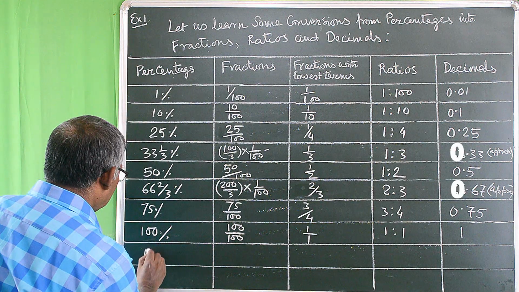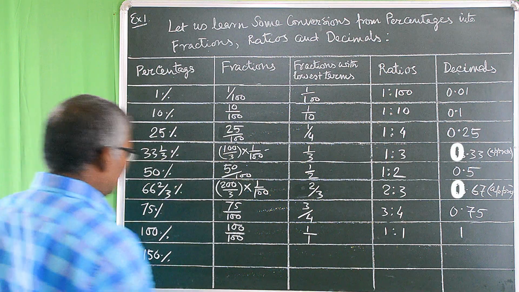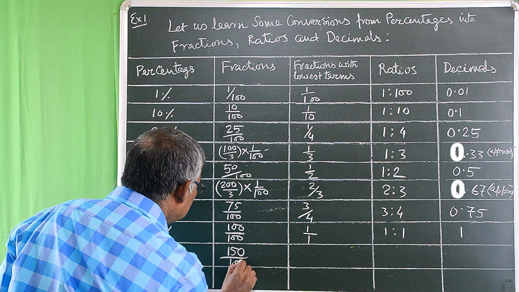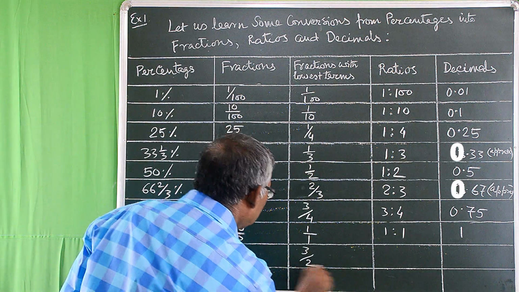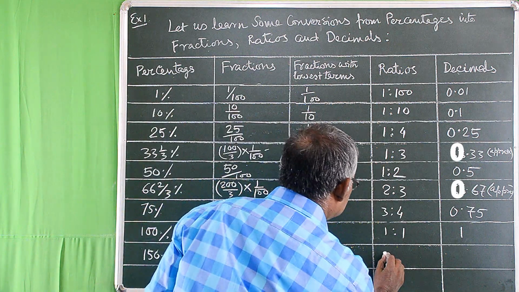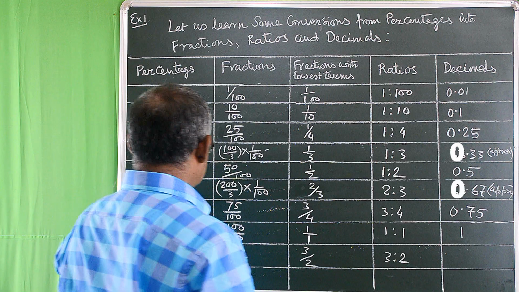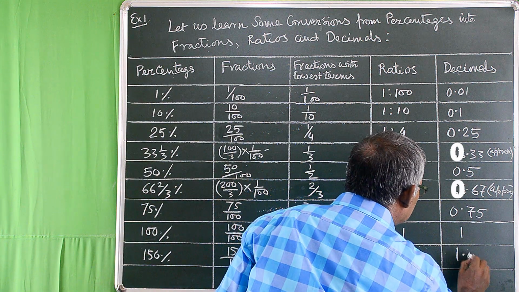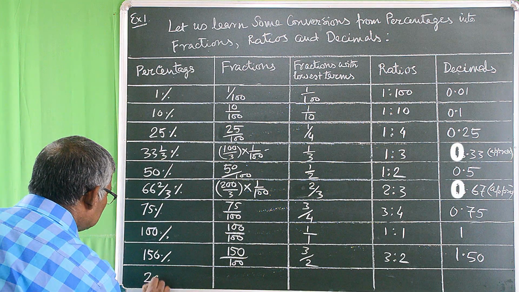Similarly 150% equal to 150 by 100. It can be written as 3 by 2, that is 3:2, and in decimal form it is 1.50. Now let us see what is 200%.